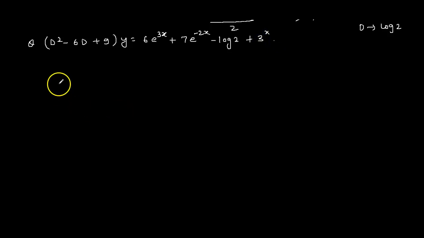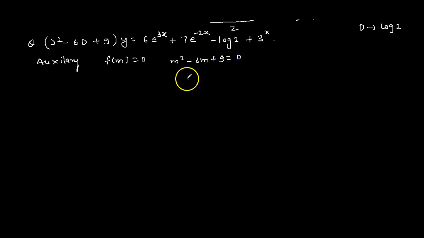Okay, so first we write the auxiliary equation. This is homogeneous because the right-hand side function is given. First we need to find the complementary function. So m square minus 6m plus 9 is equal to 0. What will you get as the roots here? Just 3 and 3.